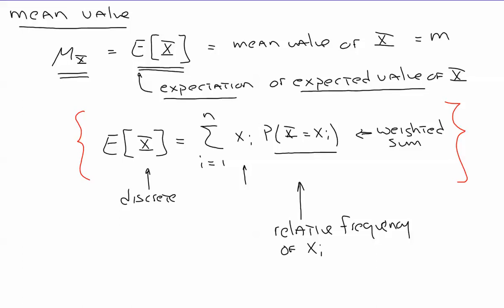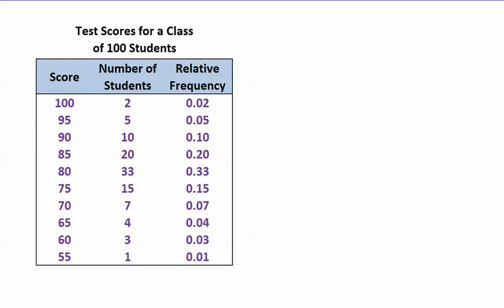All right, so let's look at that a little bit. Let's do an example for that. Let me write down my result up here. I've got the expected value of x. This is for my discrete random variable.